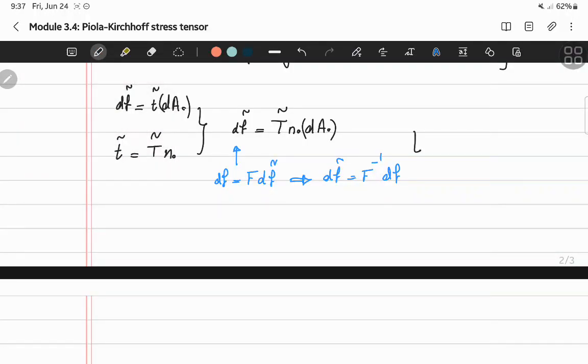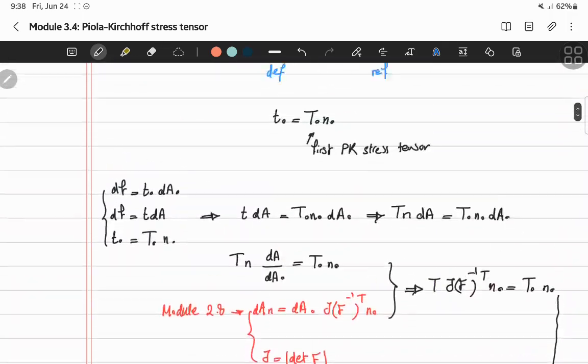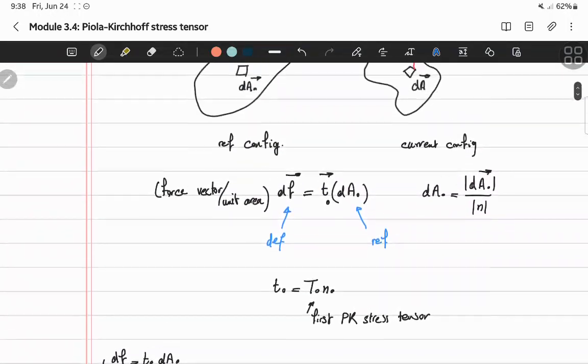So from here, we can get F inverse df is equal to T tilde N0 dA0. So we have this df from the first Piola-Kirchhoff, let me just find it.